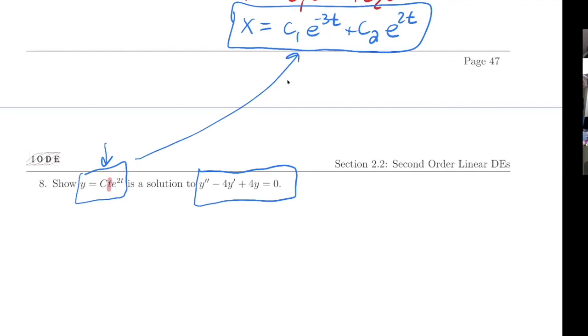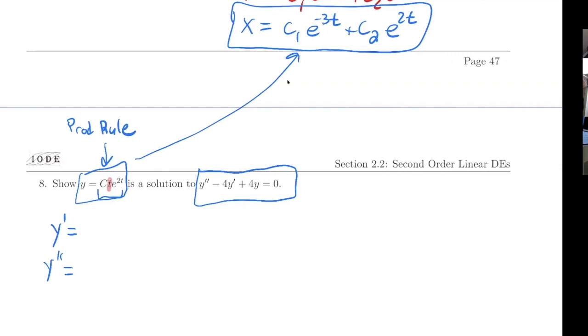To check that this is a solution, I'll leave that for you to complete, but just be aware that what I would want to do is find the first and second derivatives and then plug them into the equation. When I take the derivative of this, we need to use the product rule because we have a product of two things.